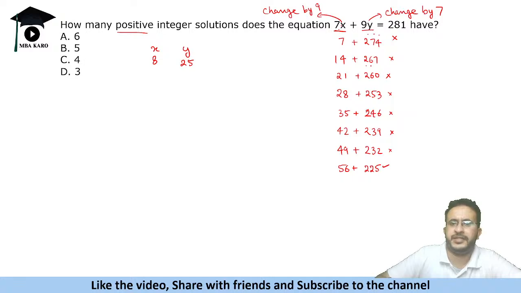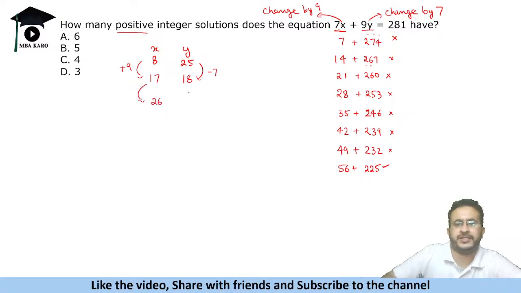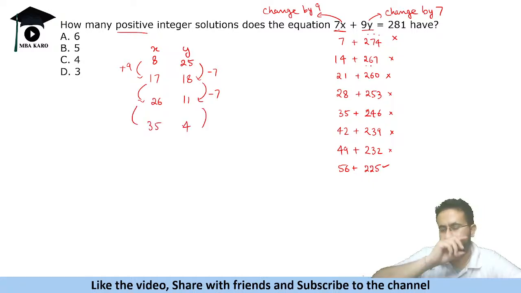If you increase this, this will go down. So x will change by 9, increase it by 9, and y will go down by 7, so that will be 18. Increase it by 9, it will be 26, this will be 11. Change by 9, that is 35, this is 4. Beyond this, it will become negative. So these are the four values that you will get.